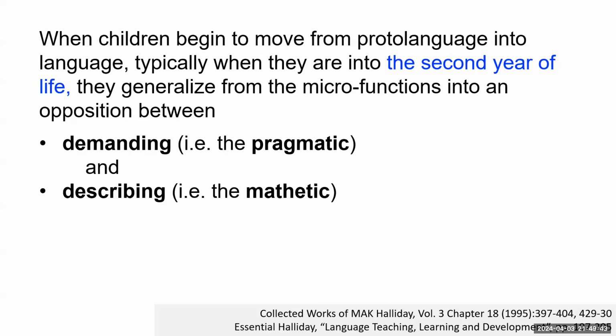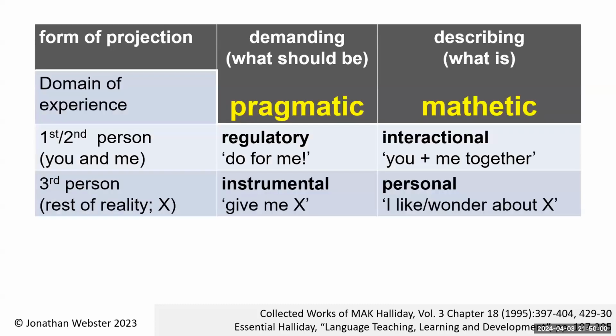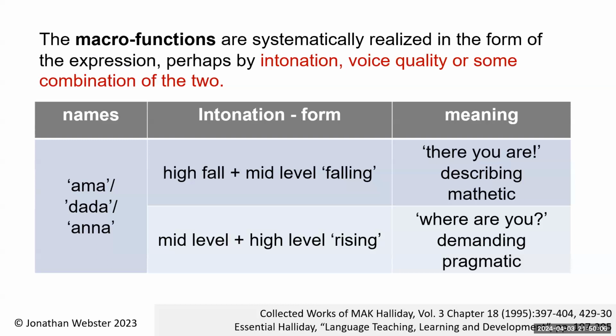He noticed, though, that as a child grew up, the child began to distinguish between two large functions, mainly whether it was pragmatic, demanding, or whether it was mathetic, describing. Notice that it was indicated by a difference in intonation, voice quality.